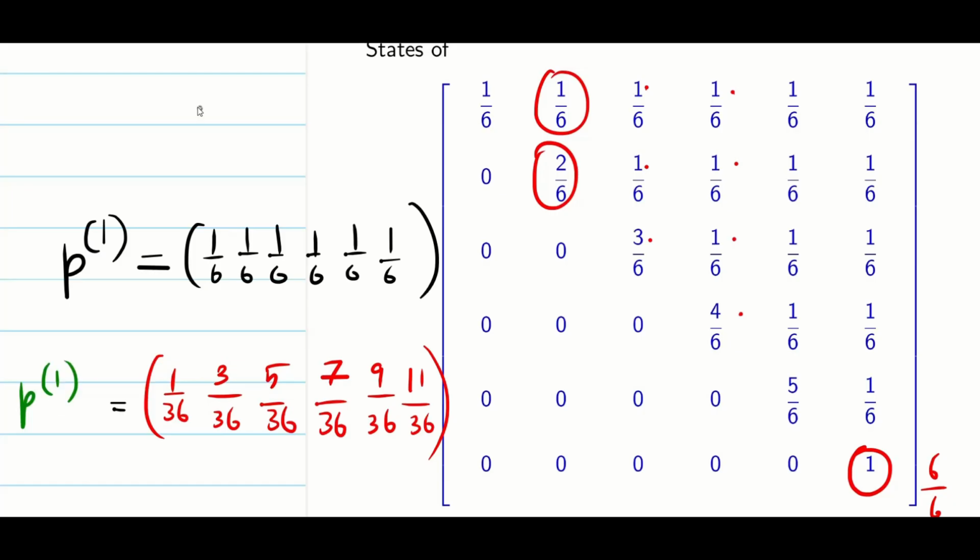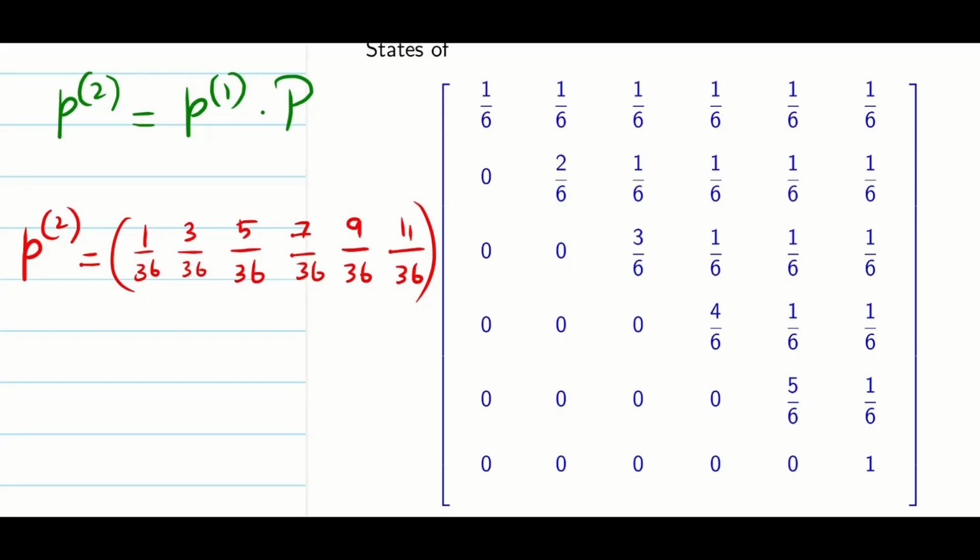Next what I have to do, I have to find P2. P2 is nothing but P1 into the matrix capital P. Let us do the multiplication. So let us find P2. P2 is P1 into P. So the row matrix into capital P. So my answer is going to be the first row. When I multiply with the first column, I am going to get 1 by 216. First row with the second column. Now 1 into 1, 1, 2 3s are 6.